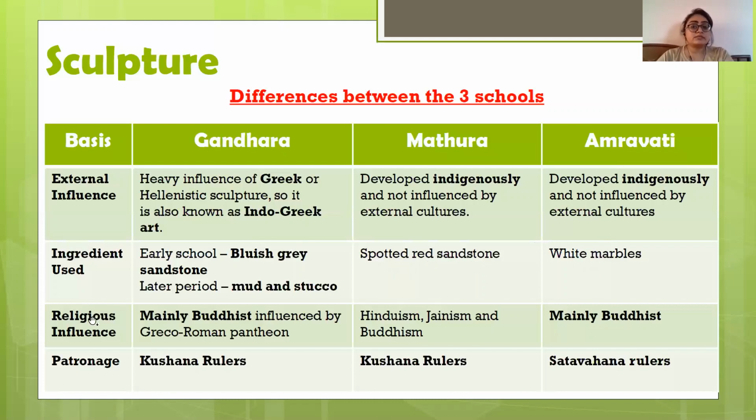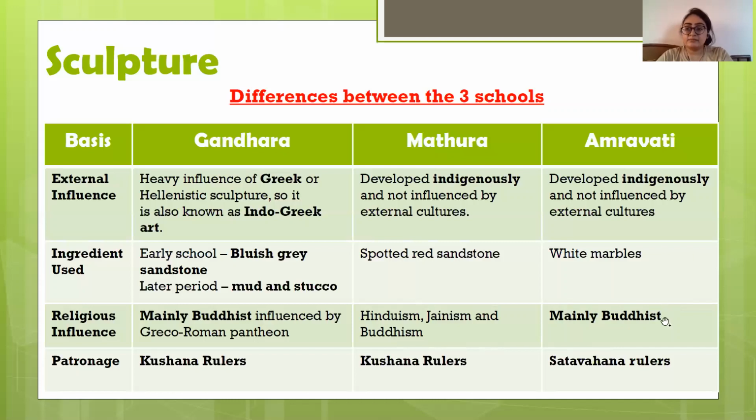Then, what is the religious influence? The Gandhara school was mainly a Buddhist one. It was mainly influenced by Buddhism. Then in Mathura, we have Hinduism, Jainism and Buddhism. All these three religions form part of the Mathura school of sculpture. Then Amravati was mainly Buddhist.